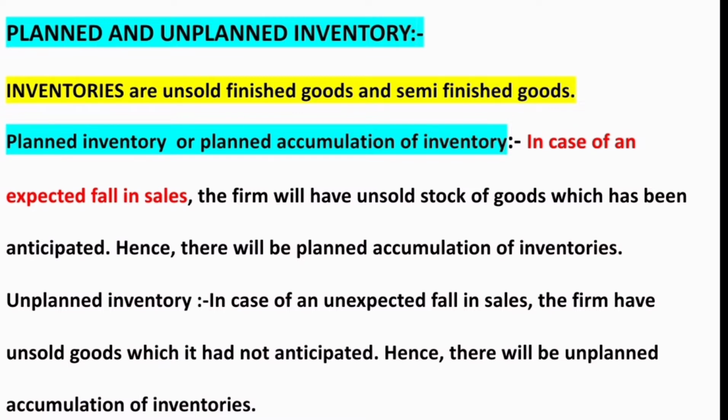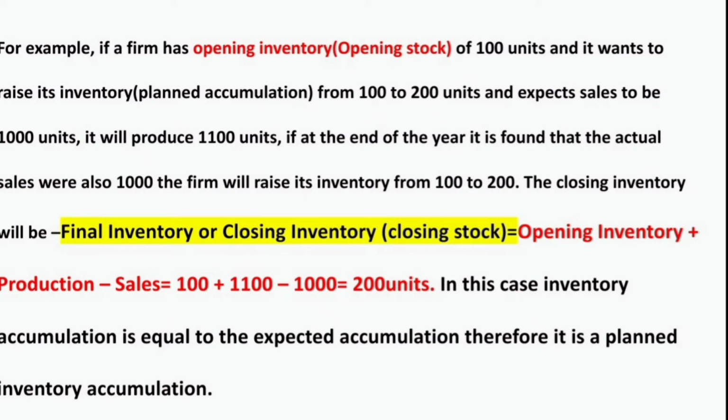Unplanned means it happens due to unexpected fall in sales. So the firm will have unsold goods which is not anticipated. So this is unplanned accumulation or increase in inventory. We can explain this with an example.